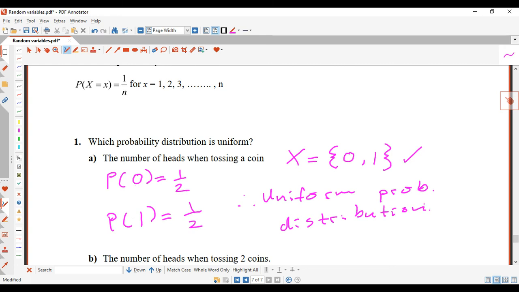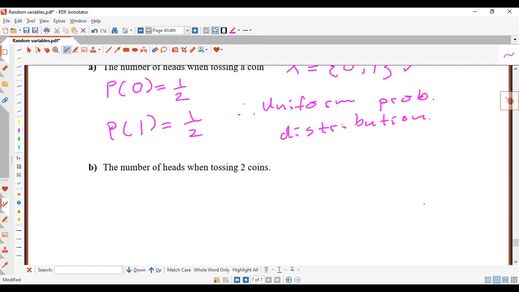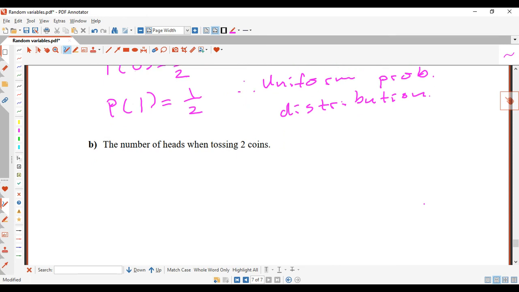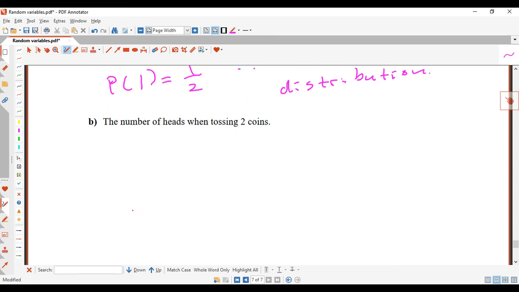Now, what about the number of heads when tossing 2 coins? Just for variety, we're going to draw a tree diagram. The first coin could be heads or tails. If I get heads on the first coin, the second coin could be heads or tails. Or if I get tails on the first coin, the second coin could be heads or tails.